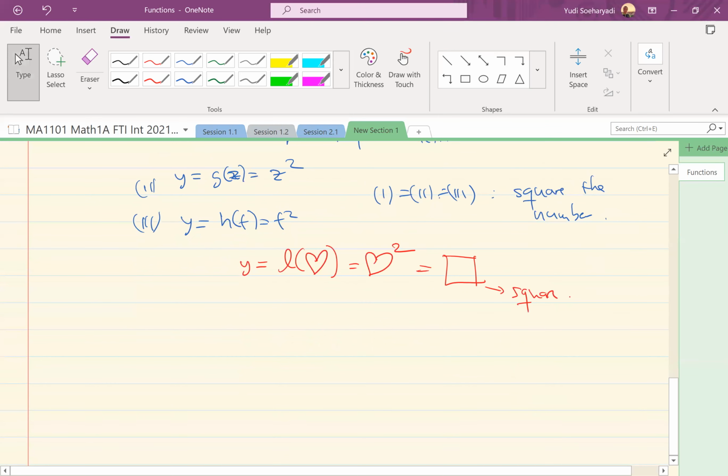Okay. So what is the domain? The domain is the set of all possible x where f may apply.